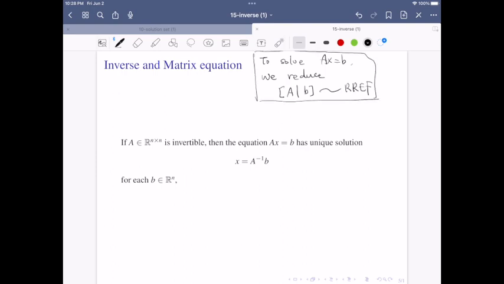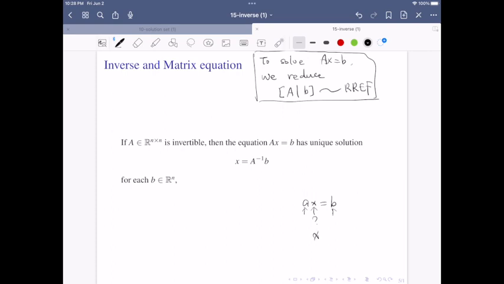Now, if A is invertible, in other words, A inverse exists, there's alternative way to solve the solution X from AX equals B, which is simply multiplication of A inverse times B. It is very likely analogous to look at a linear equation like AX equals B. Suppose A is number, B is number, then what is X?